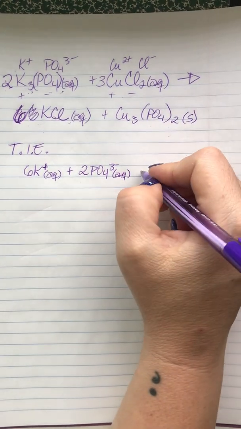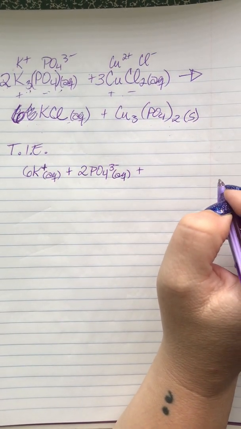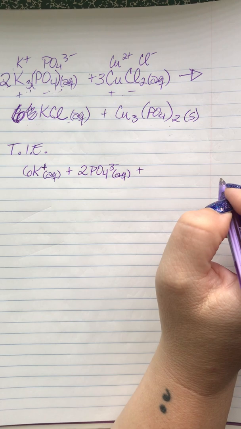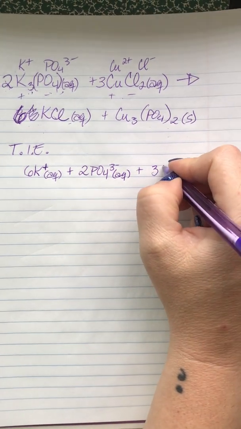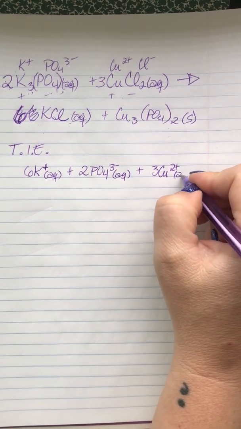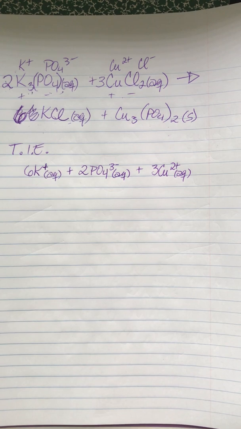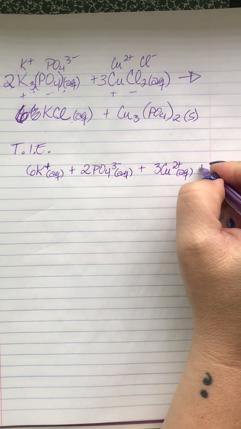What else? 2 copper? 3. 3 copper, right? 3 copper 2. And what else? 6 chloride. 6 chloride. Is everybody comfortable with how we got that? Yes.